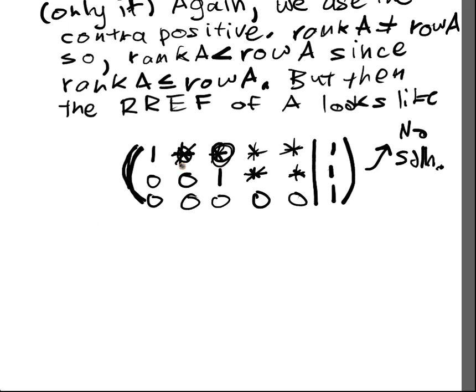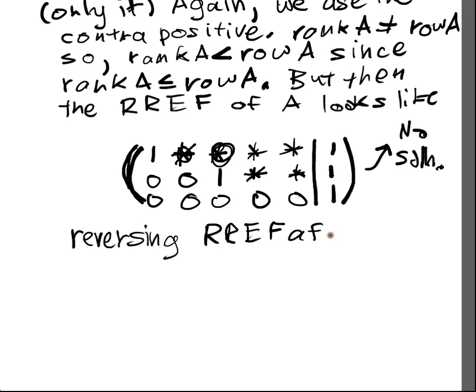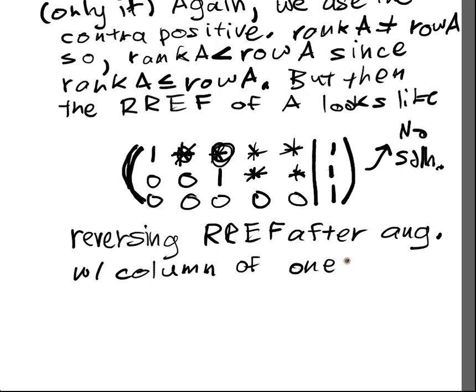Additionally, the process by which I obtained the reduced row echelon form is reversible because I just did elementary row operations. So if I reverse the RREF after augmenting with a column of ones, it gives us an augmented matrix.